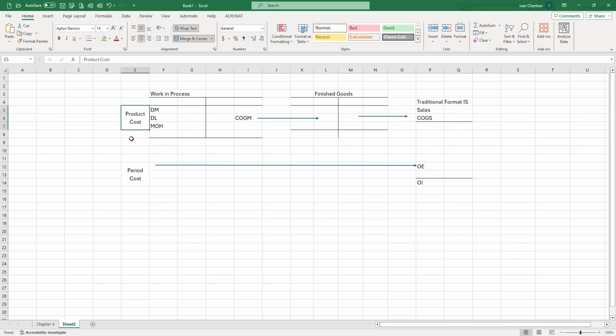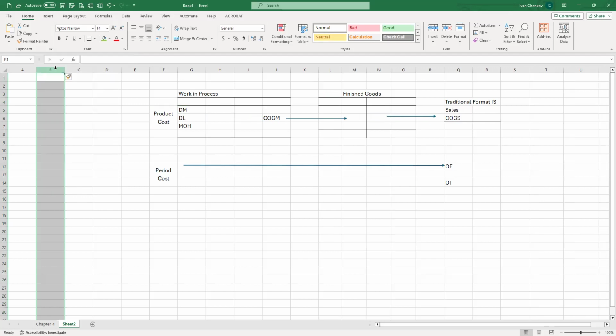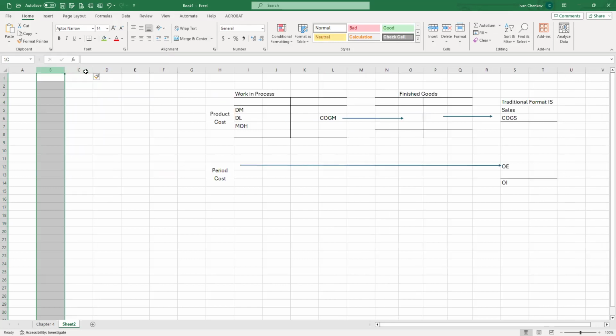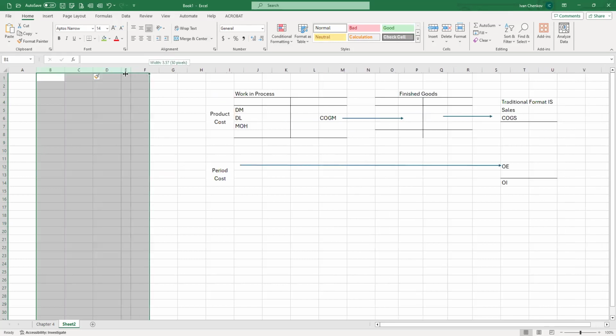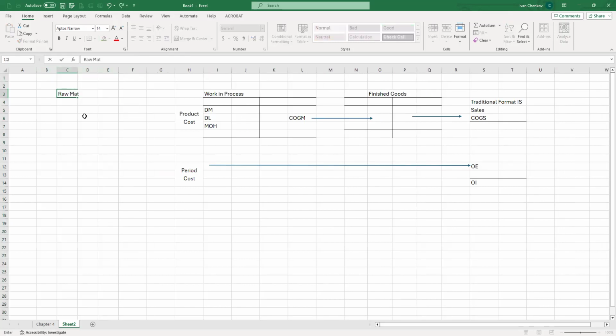Now, the question here is where we're going to get direct material. That's going to come from another account here. That will be our raw material account. Let's insert some rows here and make it smaller, because I don't need these rows too big. Now, that will be my raw material account, which is also going to have the same structure as this account.